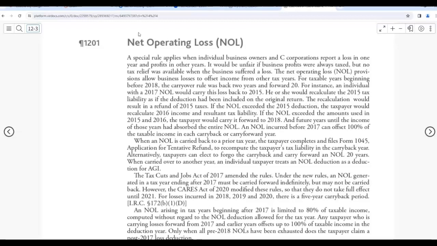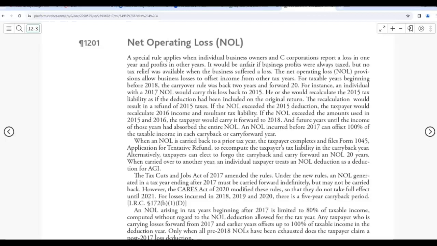Same thing in an individual business. As an individual, if you have a business, same thing. If you have a profit, you pay taxes. If you have a loss, there is a rule to carry forward this loss. So hopefully you can use it in the future against your other income and write it off and pay less taxes.